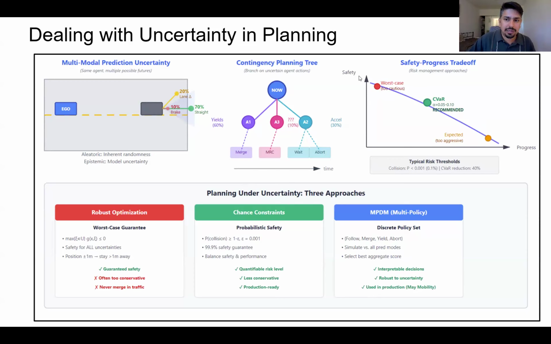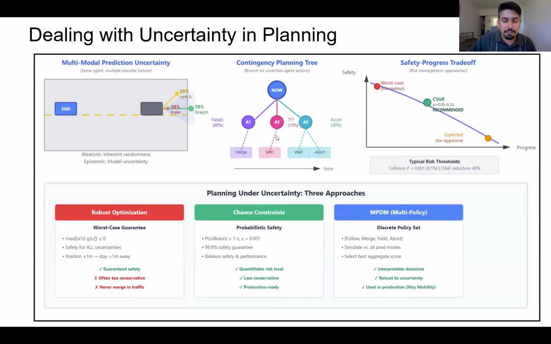One is the worst case, where you assume that all three are equally likely to happen and you try to plan for all of these actions, which in the real world will make you very, very conservative and cautious, because you're planning for something which is very unlikely to happen. This is where you see some of these self-driving cars become stuck on an unprotected left turn for a long time.